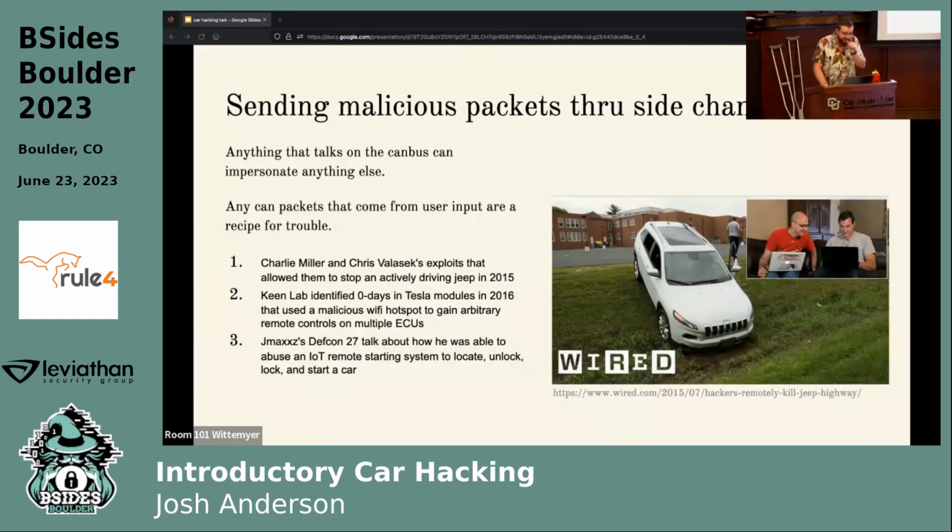To accomplish this, Miller and Valasek reverse engineered the vehicle's ECUs and were able to identify a weakness that they could exploit in the Uconnect firmware that allowed them to gain wireless access to the Jeep's internal network. Through this access, they were able to view and dump the firmware of ECUs, and they found another vulnerability in an ECU. This one was the one responsible for controlling the vehicle's infotainment system.